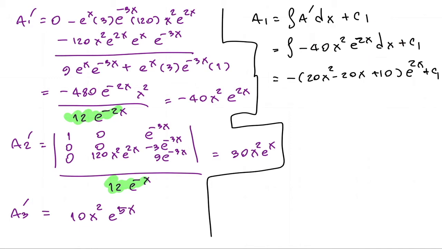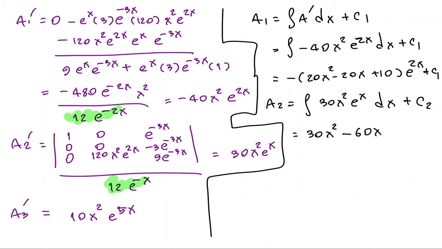Okay, and a2 is integrate 30x squared e to the x dx plus c2. And again, guys, you need to integrate this guy using integration by parts as well. So the result is 30x squared minus 60x plus 60 plus c2. And a3 is integrate 10x squared e to the 5x dx plus c3.